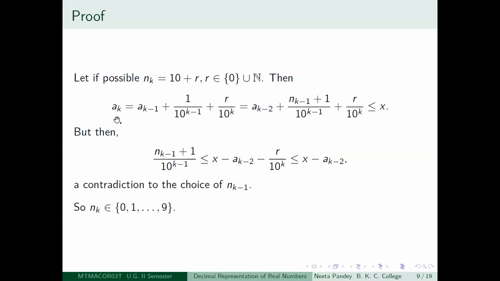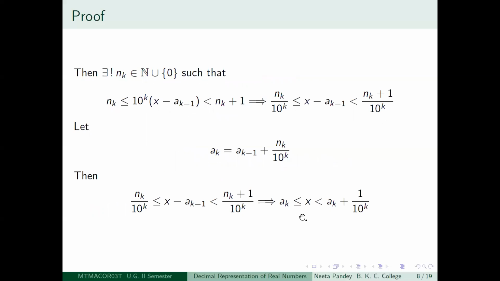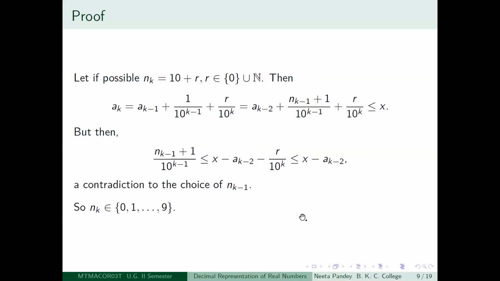And we know that ak is less than or equal to x. We have seen that just now. So what do you get? You get that this number x minus ak minus 2 minus r divided by 10 to the power k, so all this you are taking on the right hand side, that is going to be greater than or equal to nk minus 1 plus 1 divided by 10 to the power k minus 1.